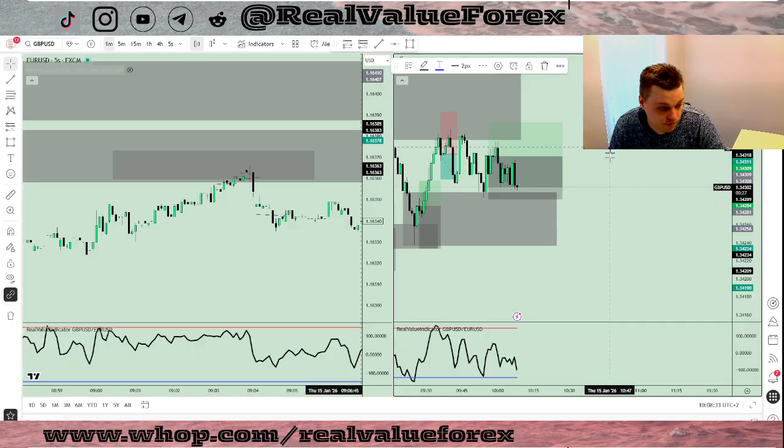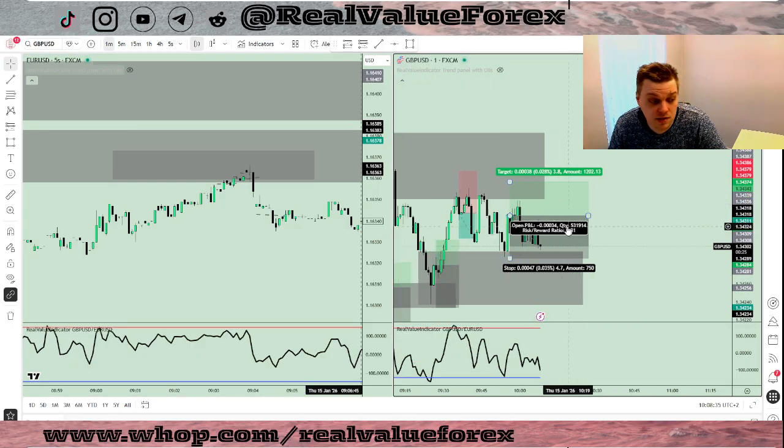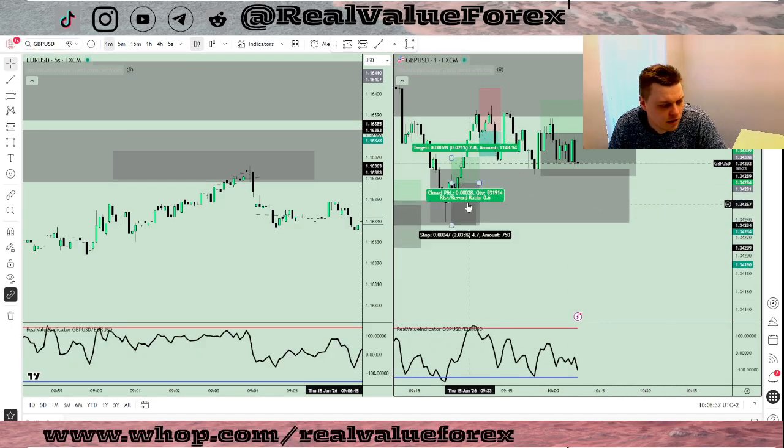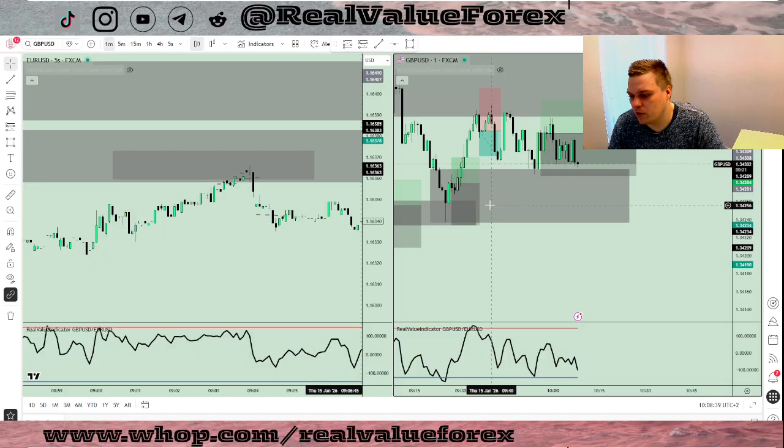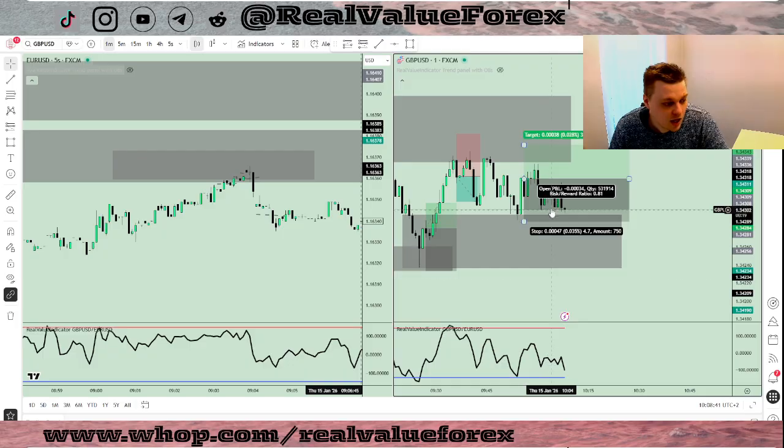So for example, I guess this in here wasn't the best order block, even with 5 minutes as well. But when you bought in here, right now you can see we would have a stop loss around here.